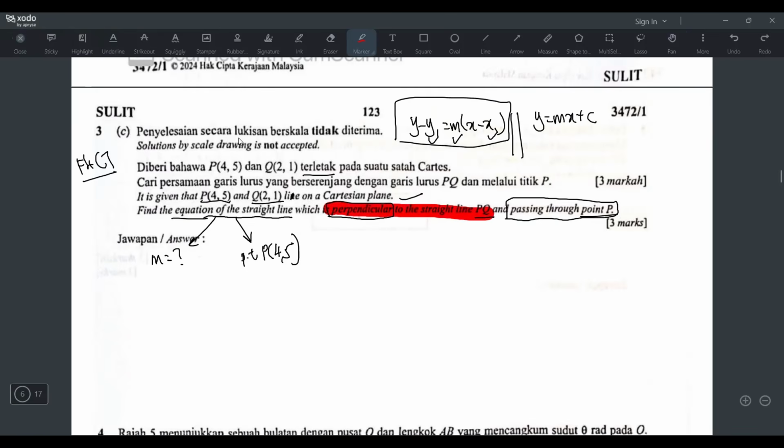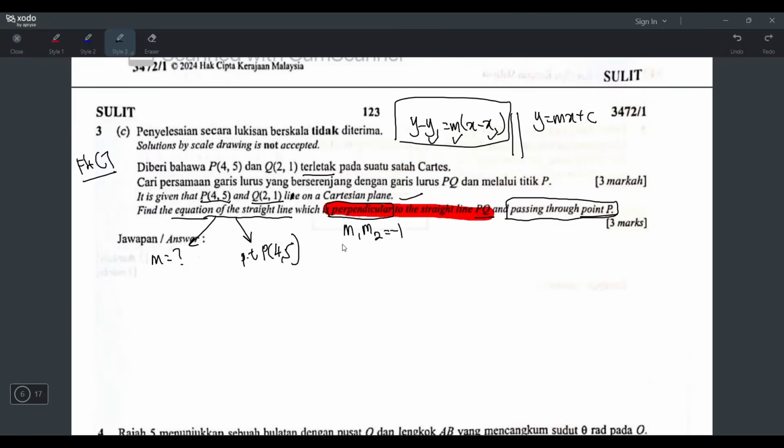Perpendicular to PQ. What is the meaning of perpendicular to PQ? When you see the word perpendicular, you need to remember this: M1 times M2 equals -1. When two lines are perpendicular, which means the two lines are at 90 degrees, the product of their gradients will be -1.